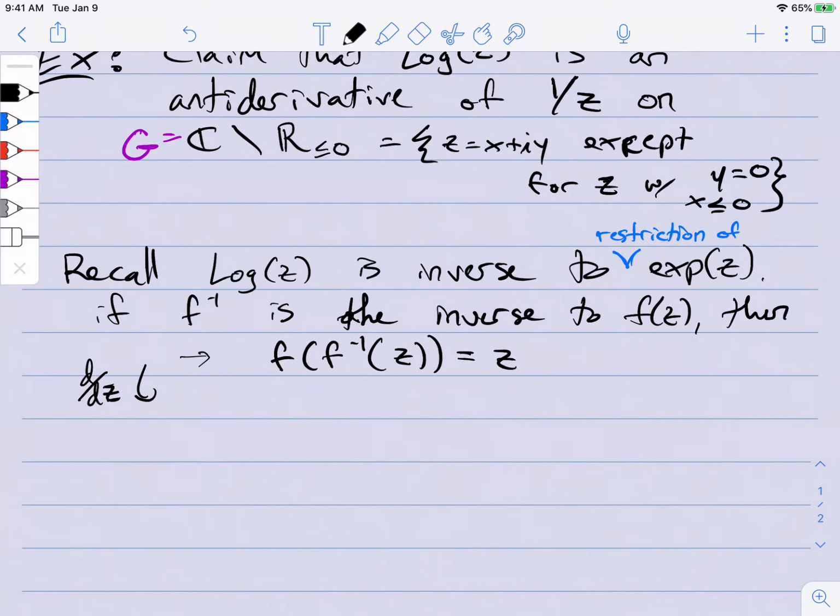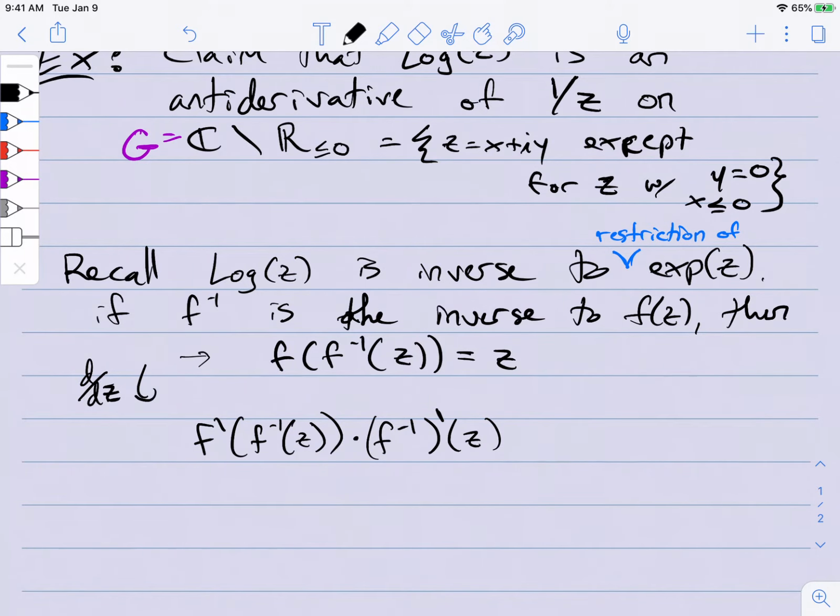So the chain rule says that the derivative of a composition is, I first take the derivative of the outside function, evaluated at the same place, and then I multiply by the derivative of the inner function, evaluated at z.